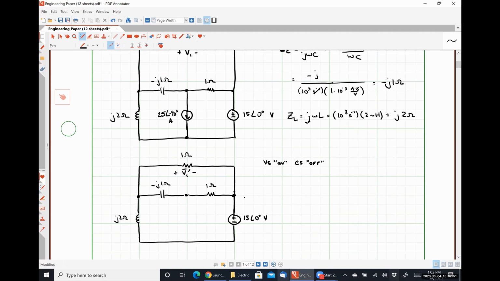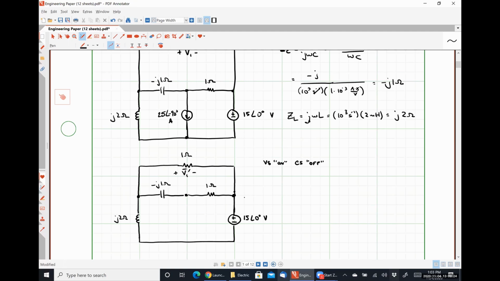So can we just do Ohm's law? To find the voltage V1 prime using Ohm's law would mean that we would need to know the amount of current flowing through that 1 ohm resistor. Do we know that? No. So I would argue that we would either need to find that current first, or Ohm's law may not be the right methodology to employ here.